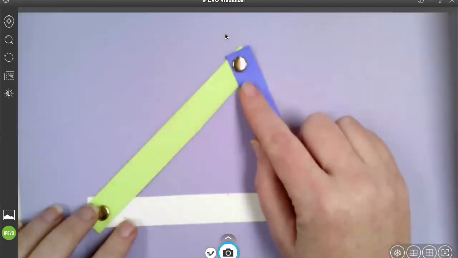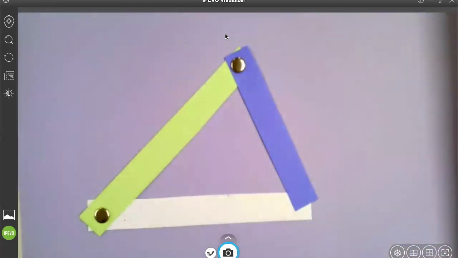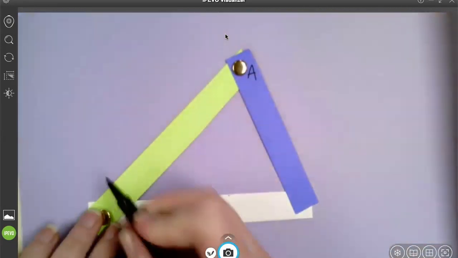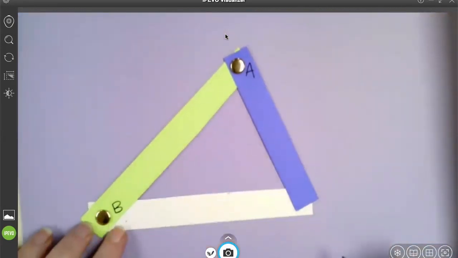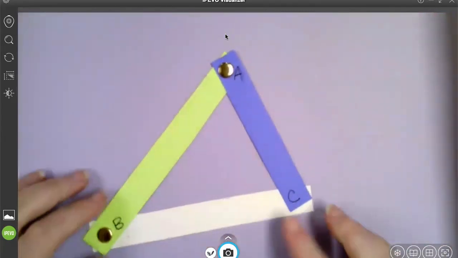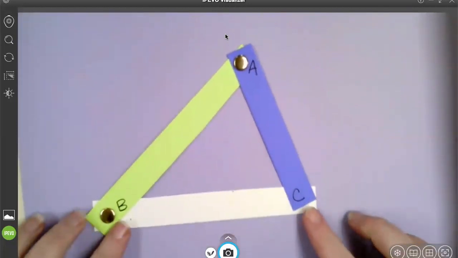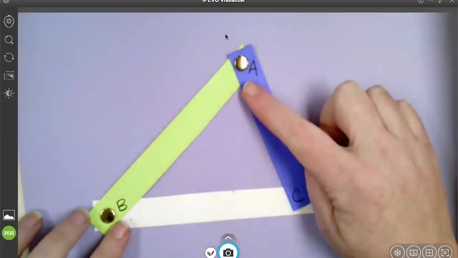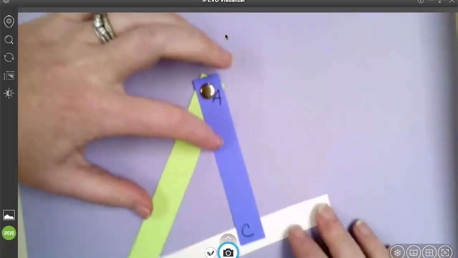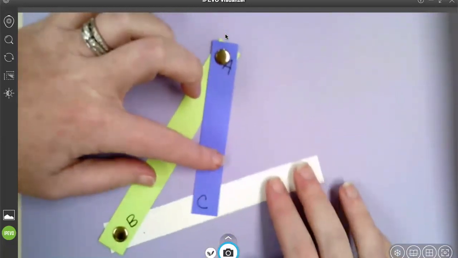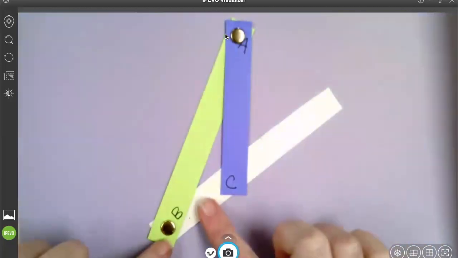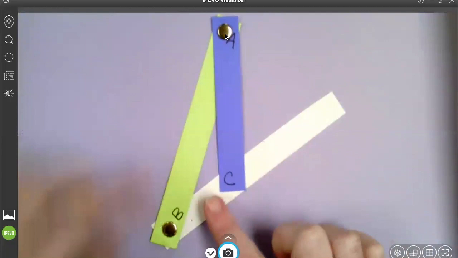So we have this angle up here, and just for the sake of having a name, I'm going to call this angle A, this one angle B, and this one angle C. In this triangle, if we adjust the opening at angle A and make angle A really, really acute, then in order for this to still be a triangle, this side between B and C has to get shorter and shorter.